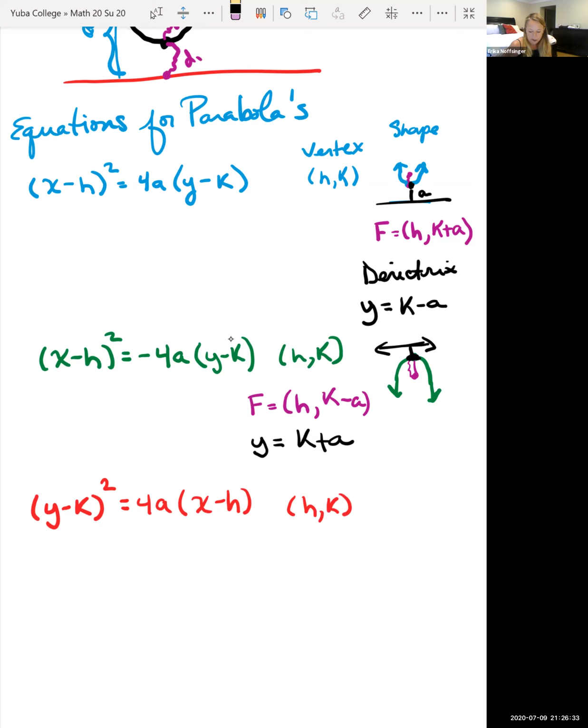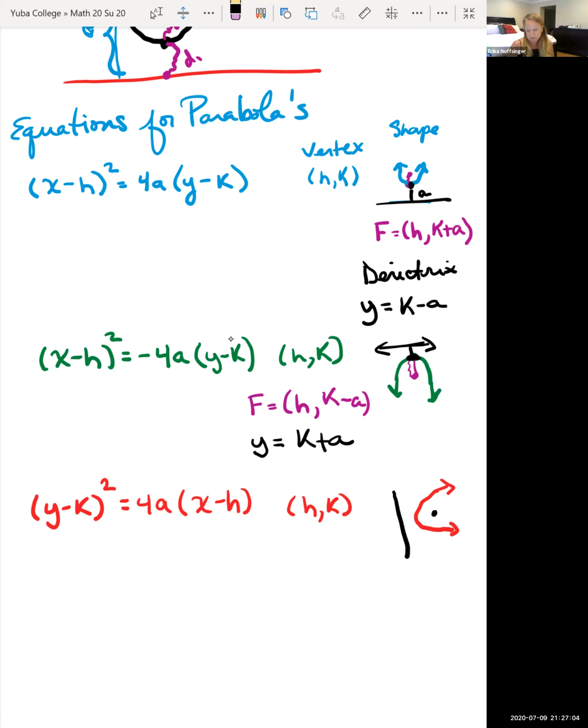Because the coefficient out here in front of this x minus h, the piece that's not squared, is positive, our parabola shape is going to be, think of it as facing towards the positive values of your x's. So your focus is always the point that your parabola faces that is equal distance from every point in here and the directrix.